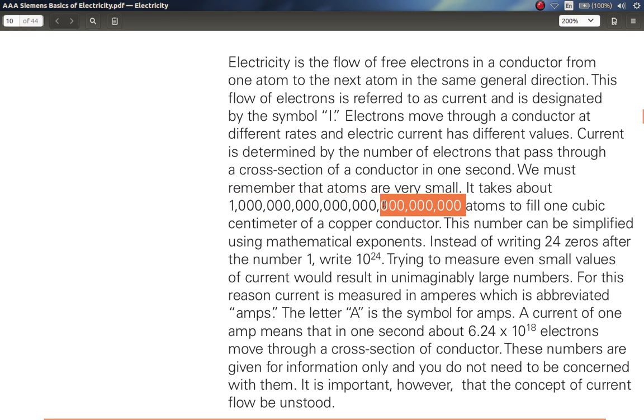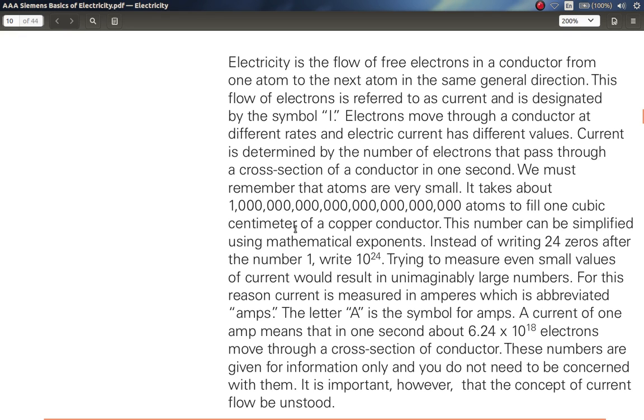Now this is a very, very large number. You can consider it as 1 million billion atoms to fill 1 cubic centimeter of a copper conductor.